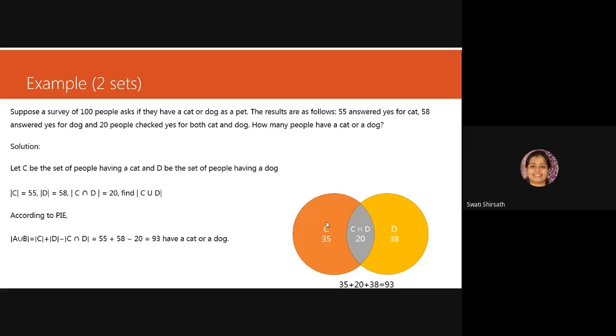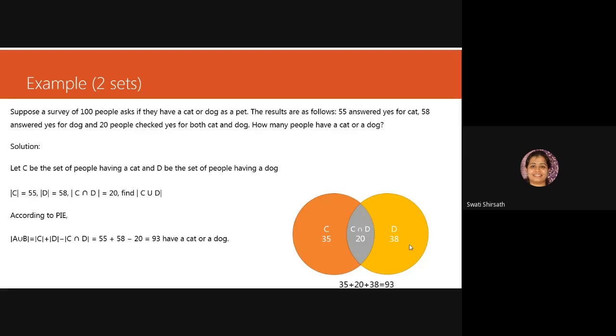But we already have the number for C intersection D. So what we can do, 55 में से उसको minus करो, 55 minus this 20, and we will get only C, which is 35, and which will not include any single value of D. Okay, so this is only C.